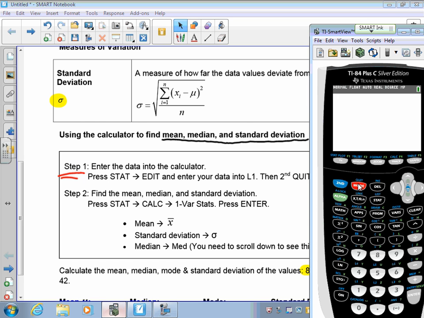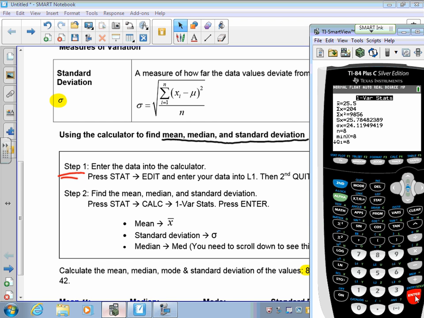So I'm going to go to stat again, but this time I'm going to go to the right to calc, and I want to go to one variable statistics. My data is in list 1, so I'm good there. So I'm going to go down to calculate and hit enter.